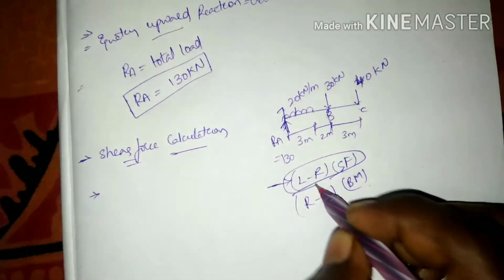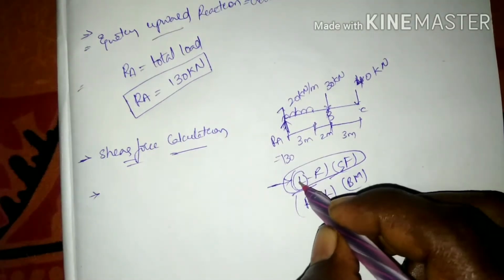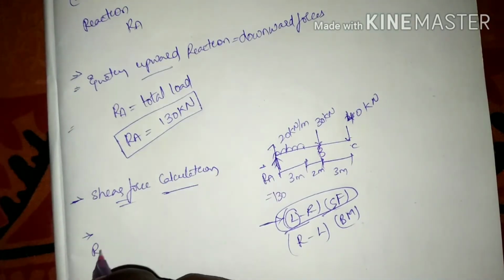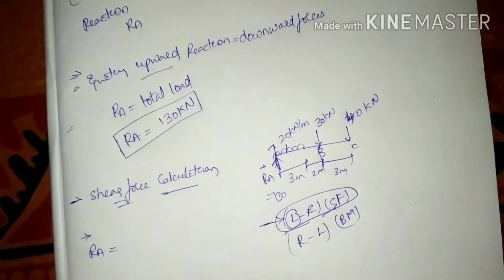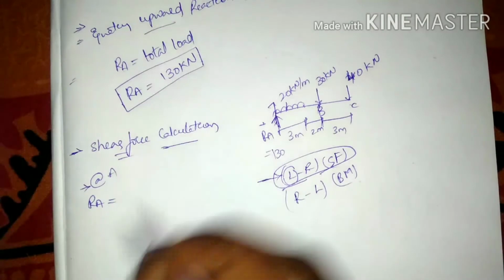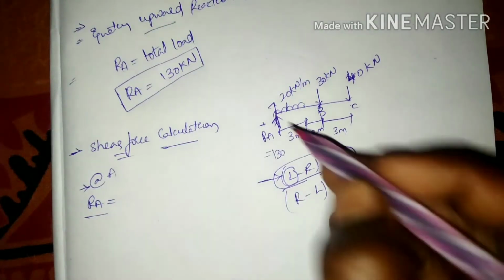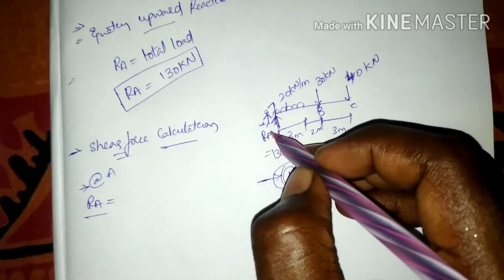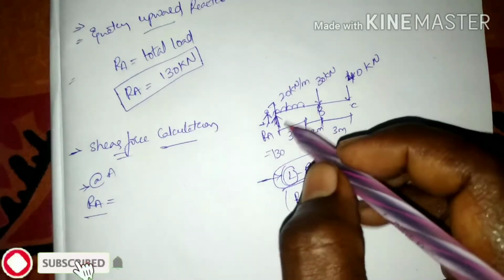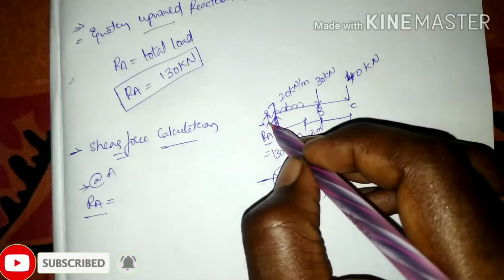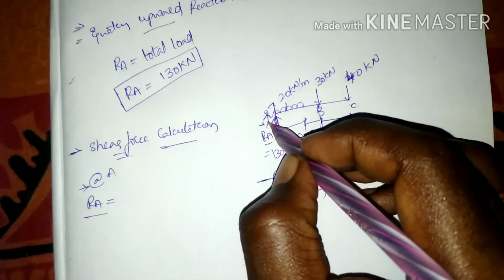For shear force, we are going to take from left to right, from here going up to C. That is RA is equal to shear force at A. Here, if you stand just left to the A, you are going to find no forces or no reactions.